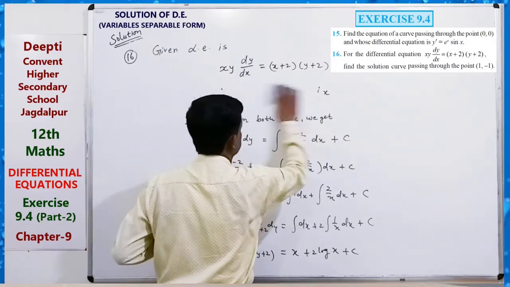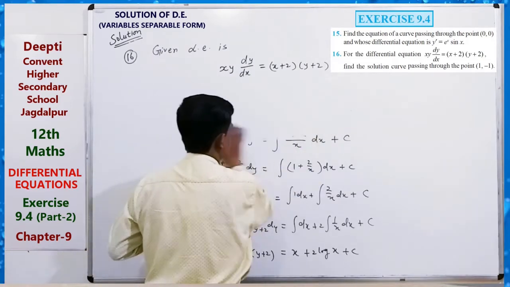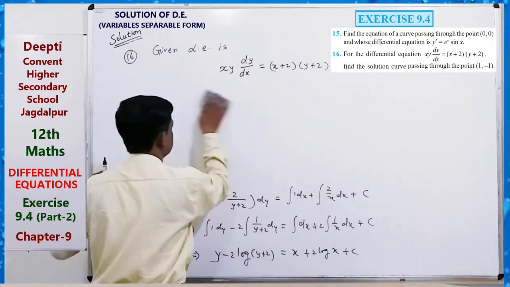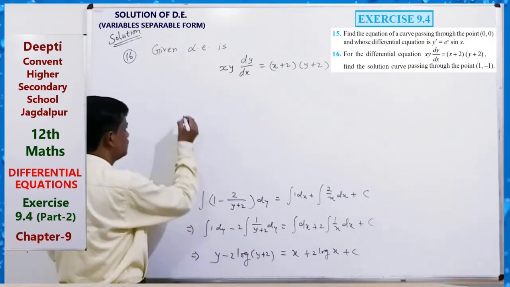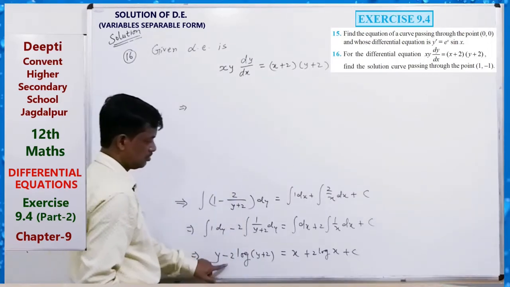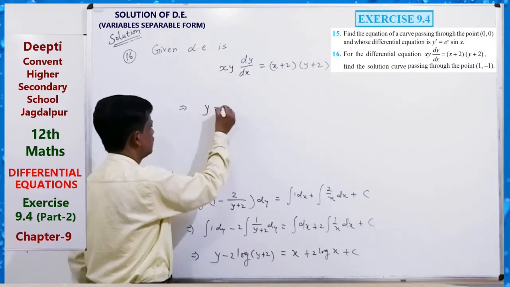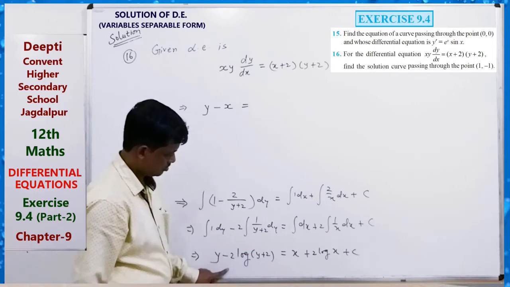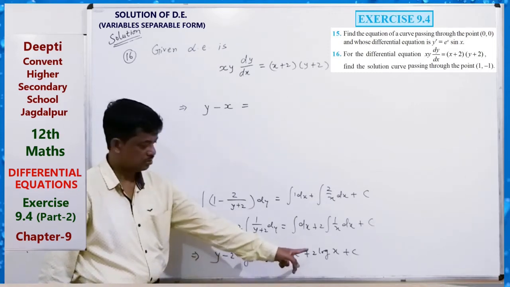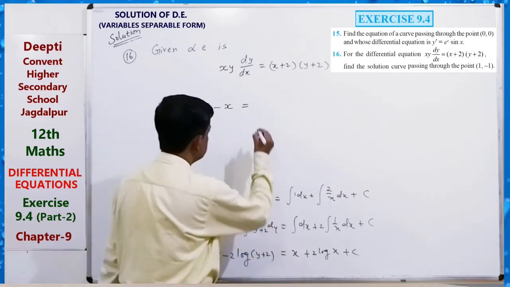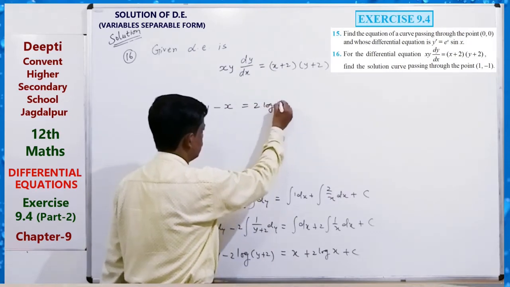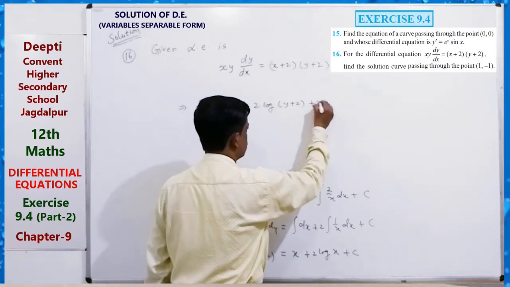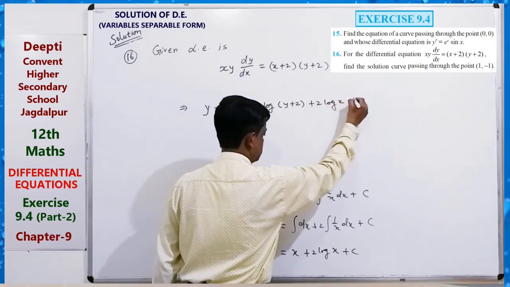So y minus x equals 2 log(y+2) plus 2 log x plus c.